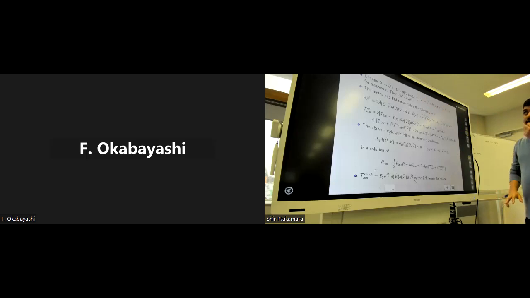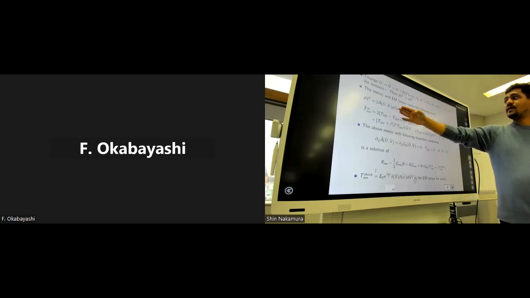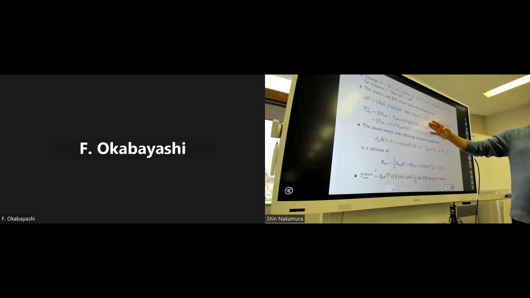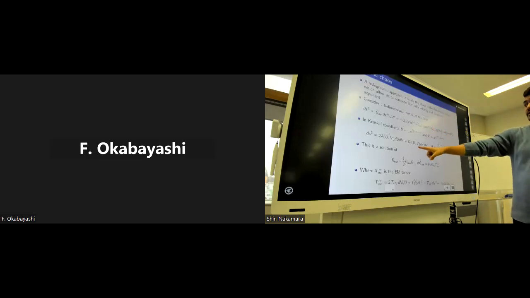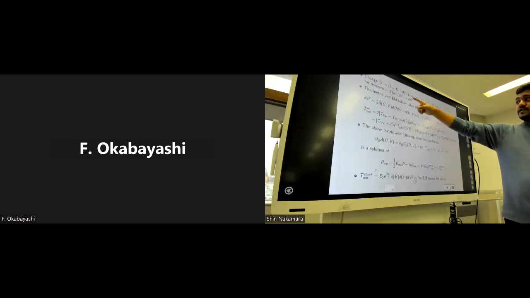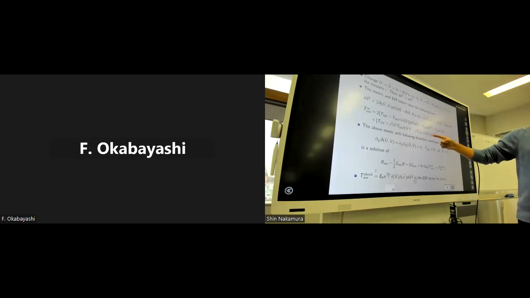Now I can use this shift and write this metric in this way after the shift, where you can see that there are these alphas and epsilons. This is kind of algebra, and you can just do that. Now I will do something similar for the energy momentum tensor.